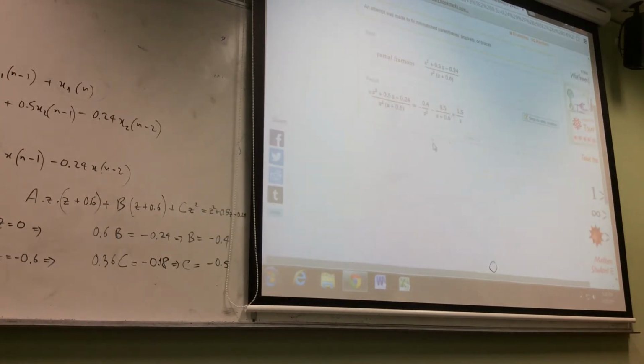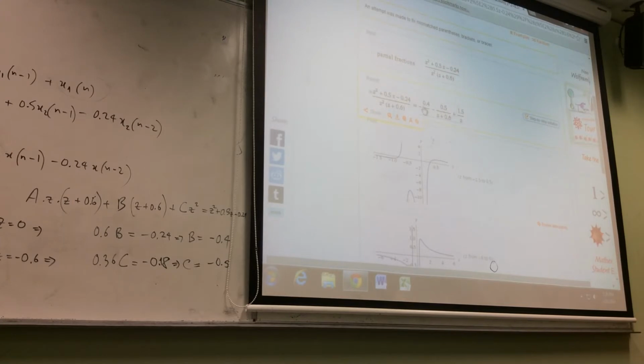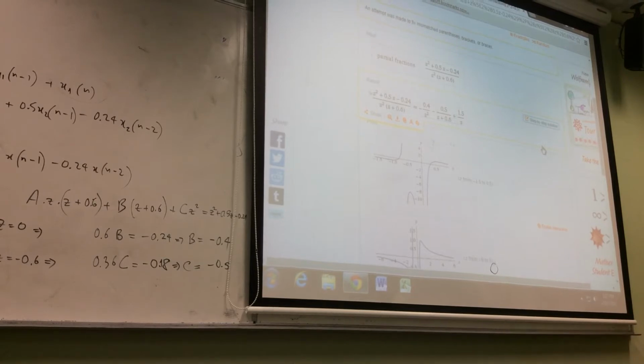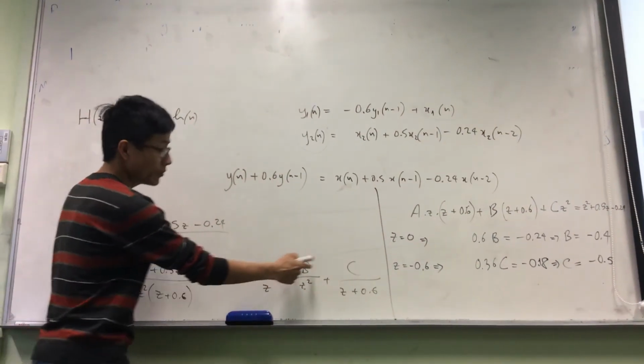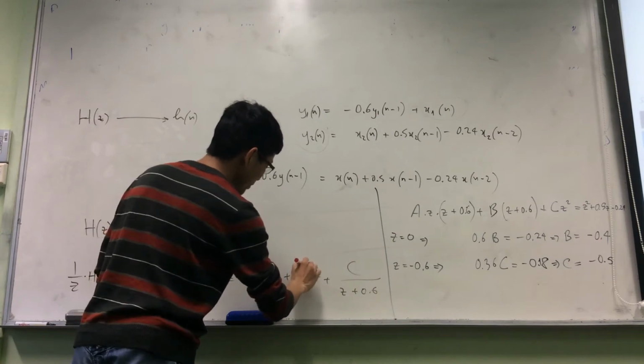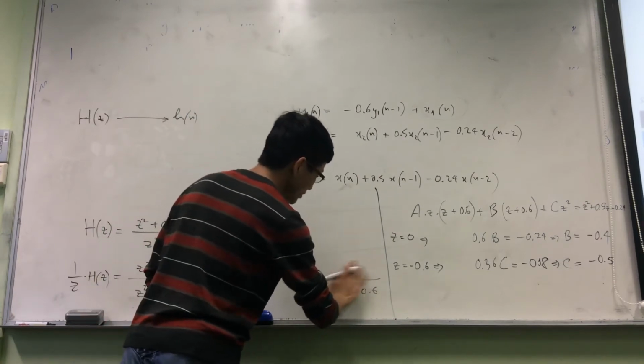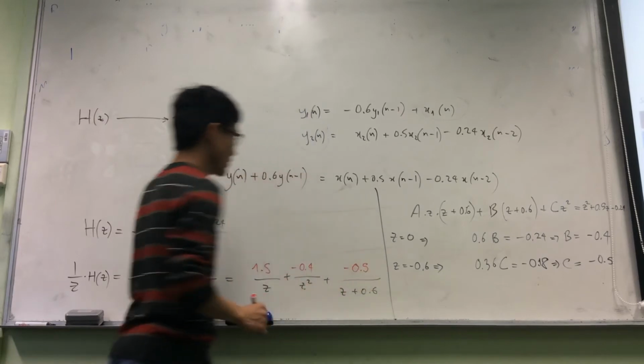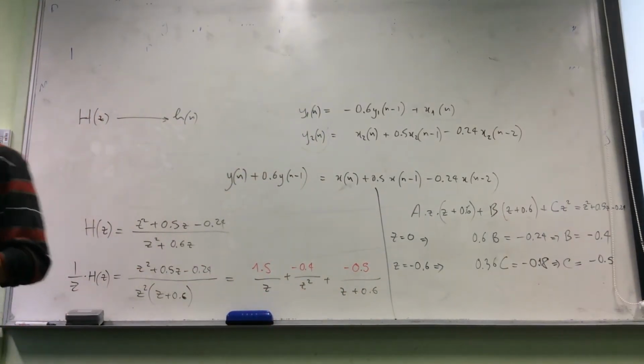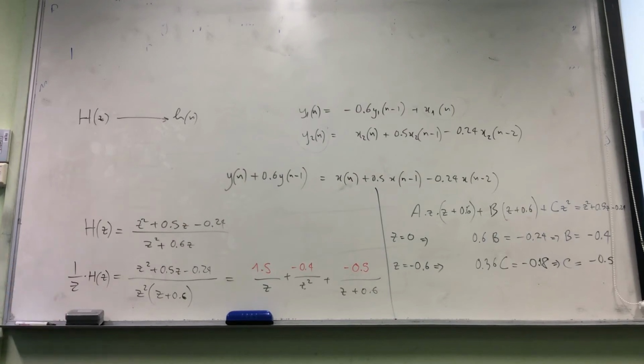So A will be 1.5, B will be minus 0.4, and C will be minus 0.5. So you got A equal to 1.5, B equal to minus 0.4, and C equal to minus 0.5. Got it. Beautiful. It's just math.